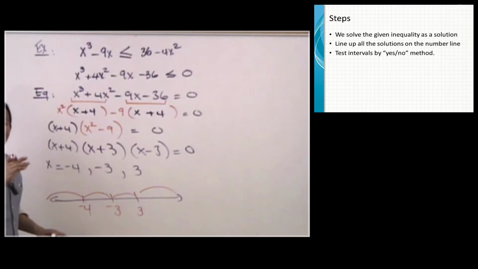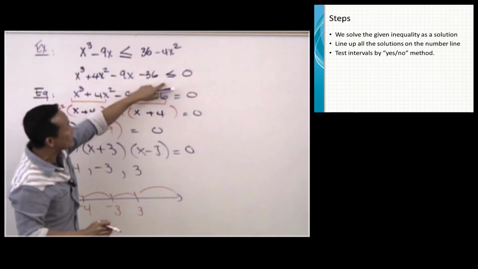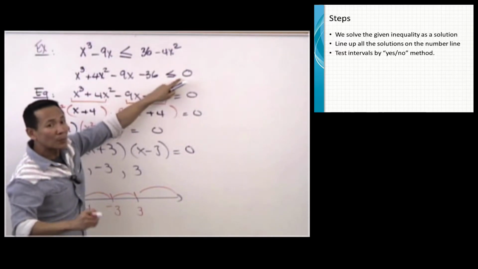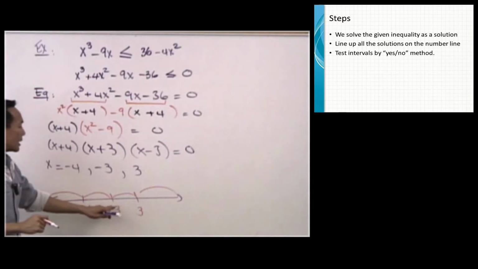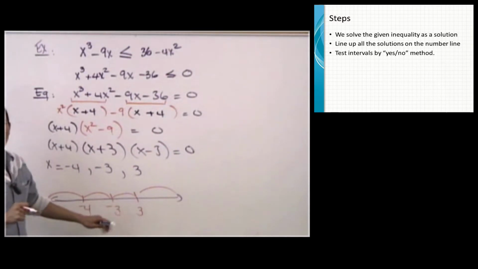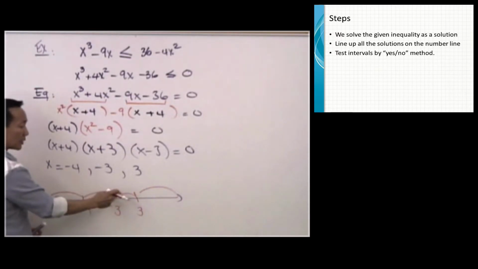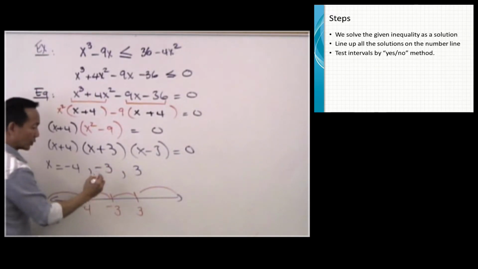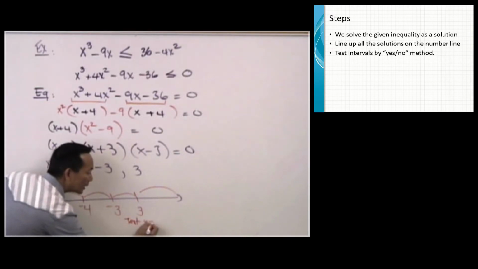Now we want x such that this expression will be less than or equal to 0. So I am going to pick one interval to test, and you want to pick an easy number to test. The easiest number that appeals to me is 0. So I choose to test x equals 0.